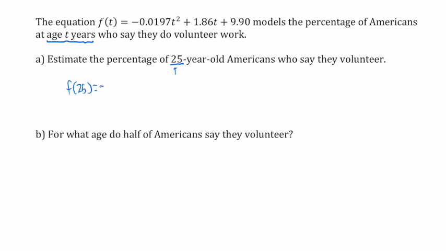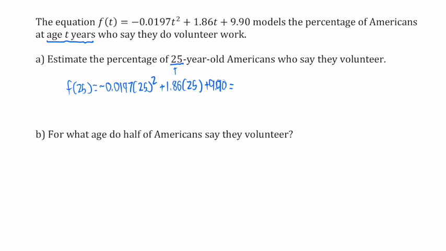This leaves us with negative 0.0197 times 25 squared plus 1.86 times 25 plus 9.90. This is an example of a problem that would be rather difficult to calculate in your head, but luckily we've got our handy-dandy calculators to help us figure it out.